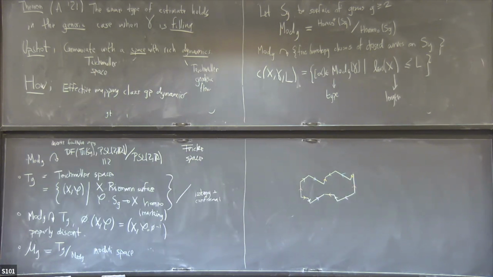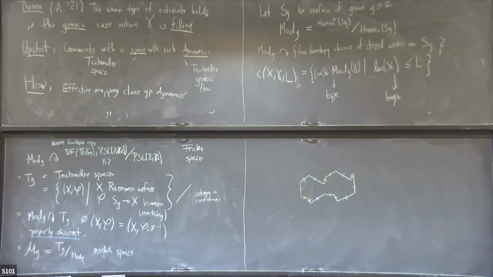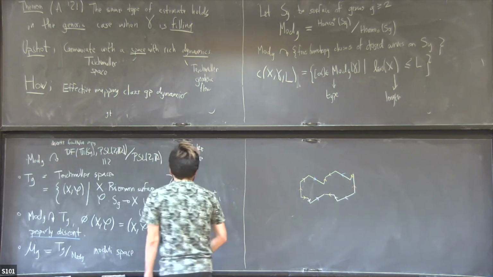Okay, so the action is properly discontinuous, and you might say that should make it very boring, but what I want to defend during this talk is that studying this properly discontinuous action is relevant and very interesting. Hopefully by the end of the talk, I have convinced you of that.